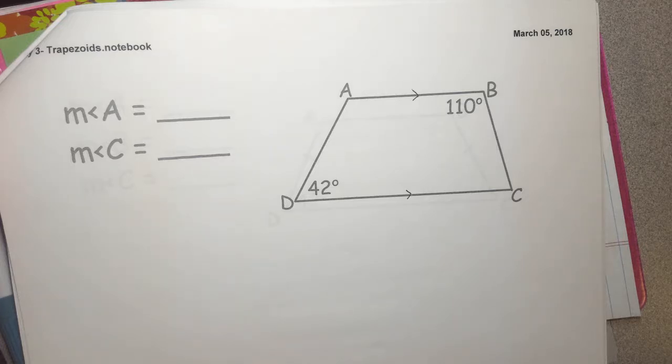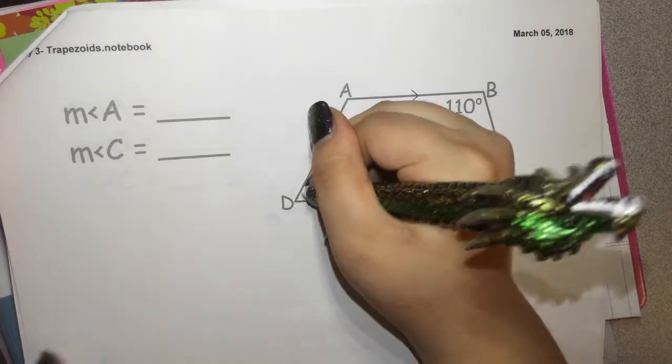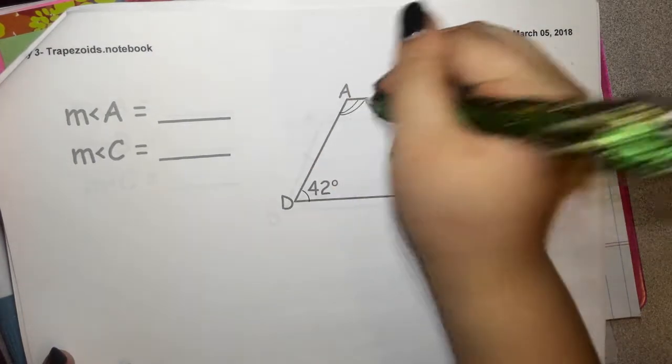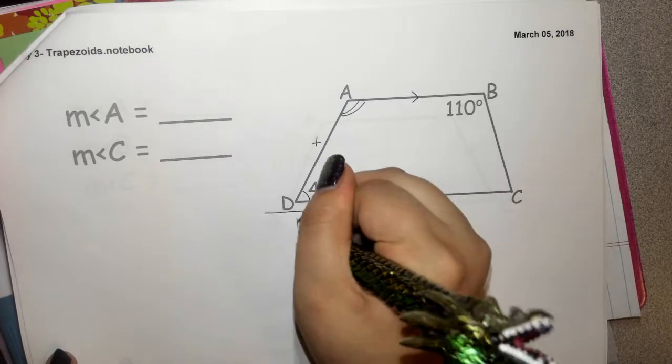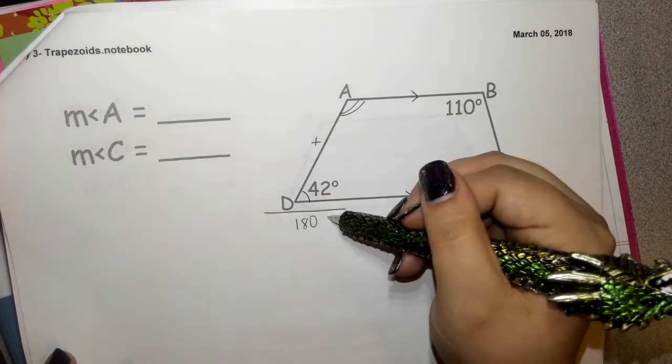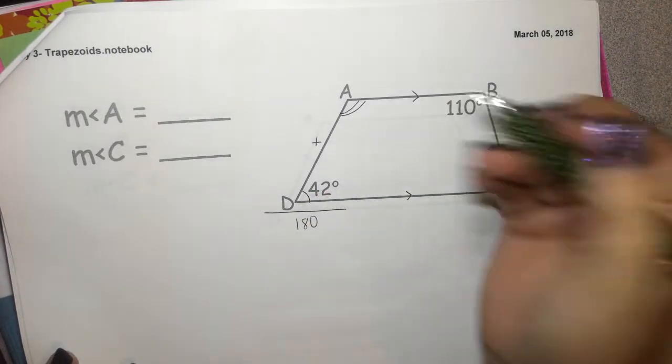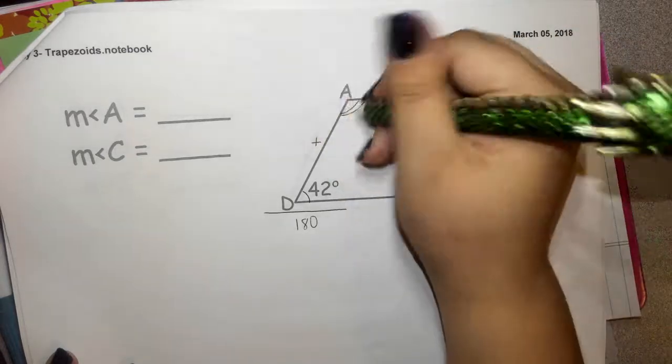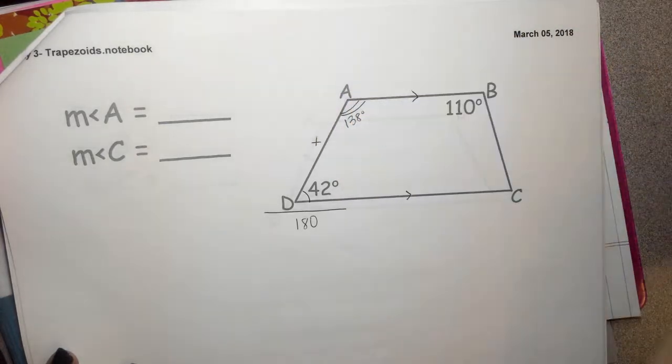Okay. I gave you angle D and angle B. What's angle A? Okay, remember, they are supplementary. So this plus this one has to equal 180. So what's 180 minus 138? So angle A is 138.